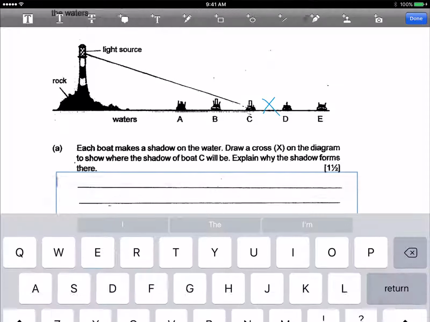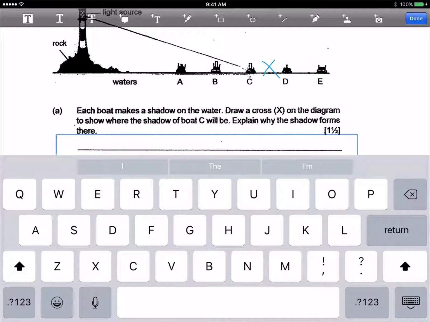Okay, so it's about the properties of light. What's the property of light? Light travels in a straight line, and what else? It cannot pass through an opaque object. Correct. I hear the keyword, opaque object, right? So light travels in a straight line, and it cannot pass through an opaque object.